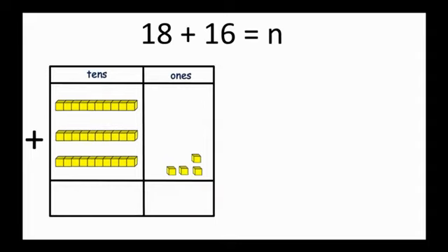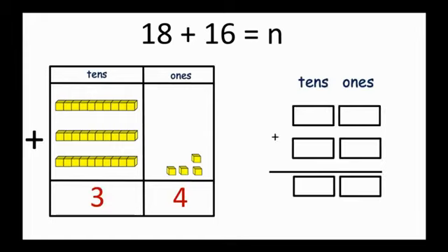How many ones do we have now? 4. How many groups of 10 blocks do we have? 3. All right. Let's solve without the blocks. 18 plus 16. Let's start from the ones. 8 plus 6 equals 14.